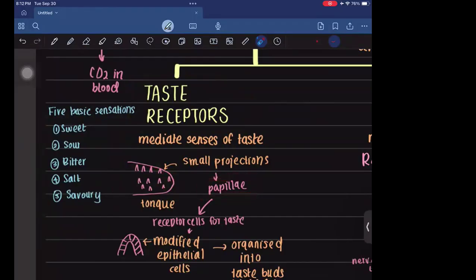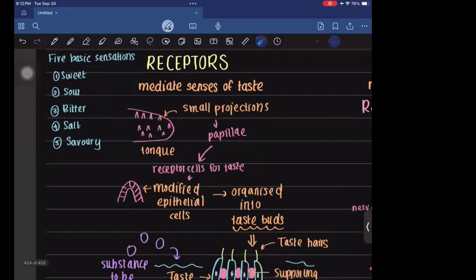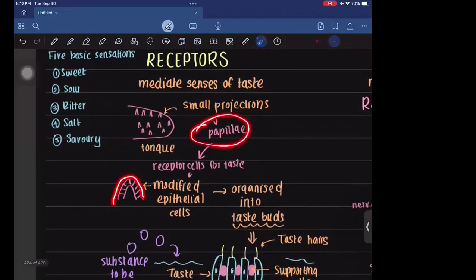Now we are going to look at where these taste receptors are present and what they look like. In your tongue, obviously, the taste receptors are going to be there. Where exactly? There are very small projections in your tongue called papillae.